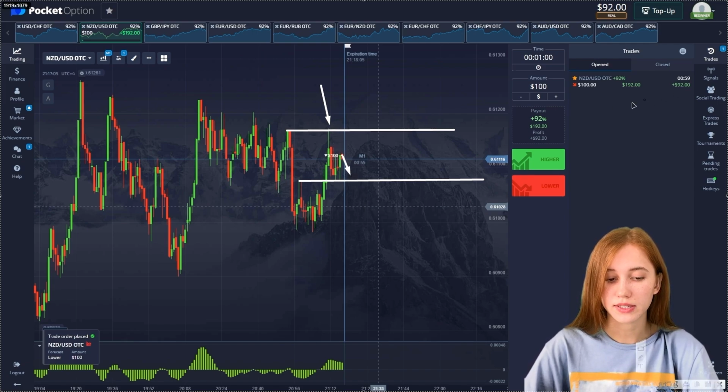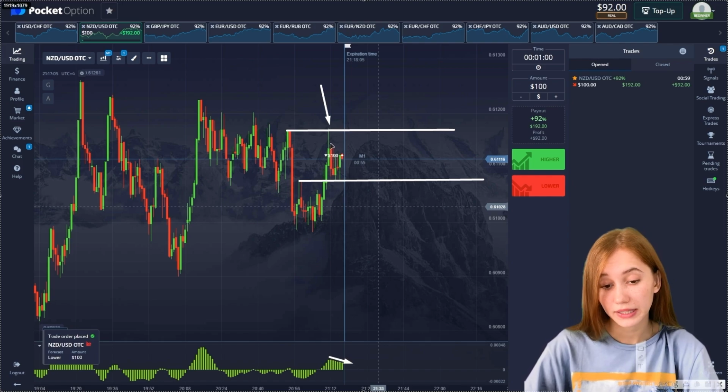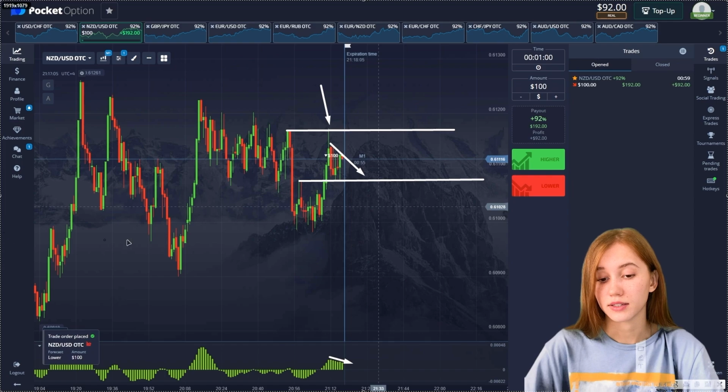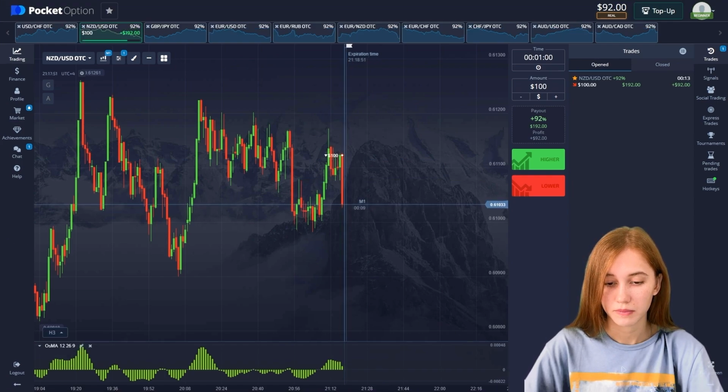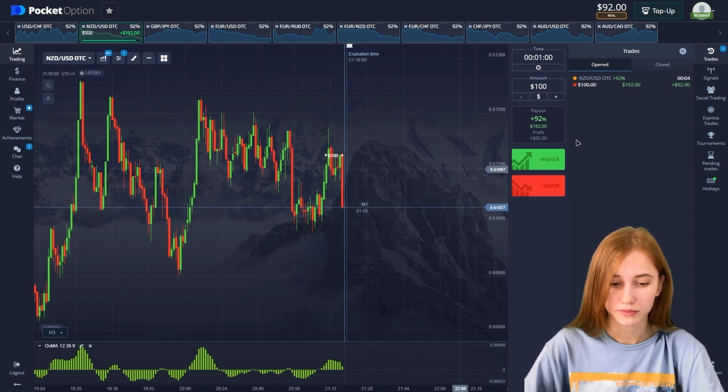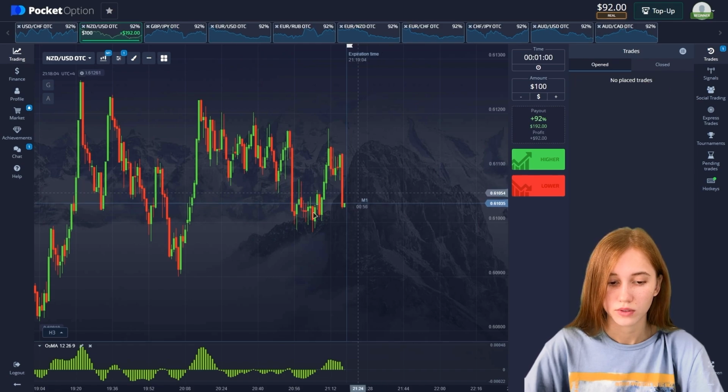We see from the indicator that the chart is falling. We have a bearish trend. Let's see. We see a downward candle. Three seconds left. $92 profit.